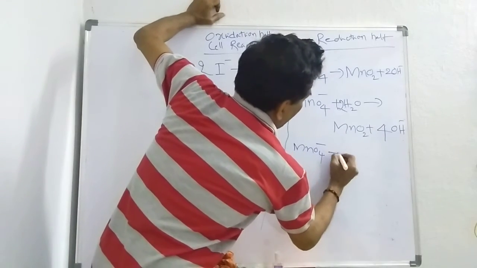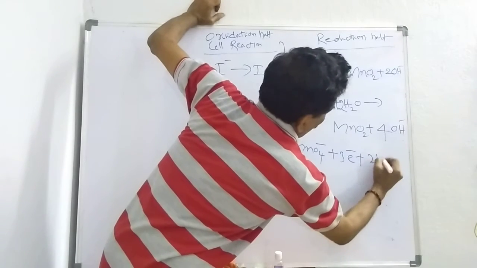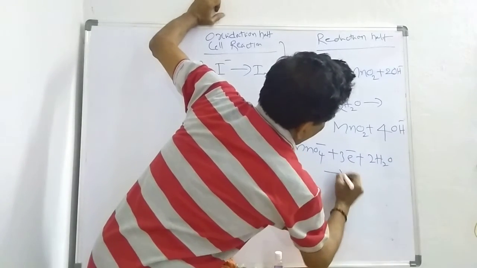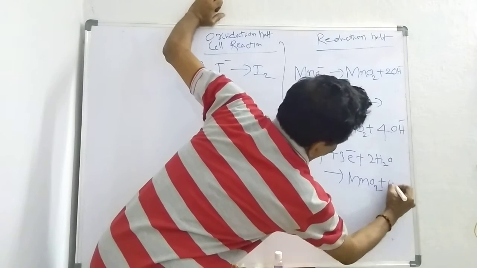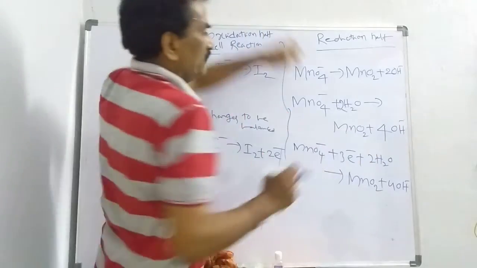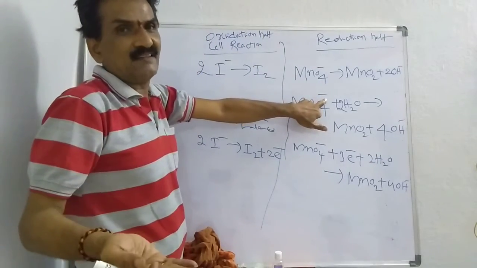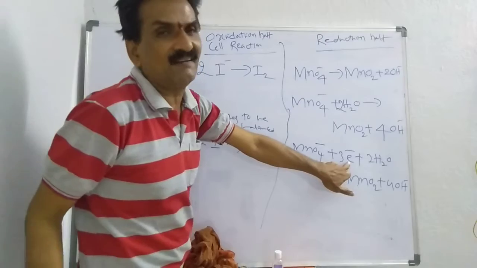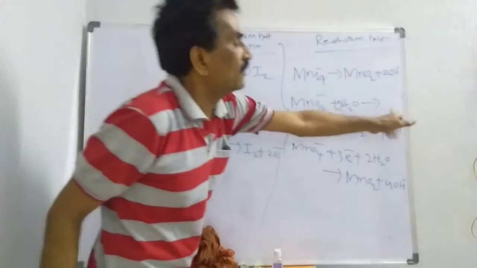MnO4 minus plus 3 electrons plus 2 H2O gives rise to MnO2 plus 4 OH minus. You see, 4 negative charges, here only 1 negative charge. So for which, to balance the charges, I have added 3 electrons here. So total 4, that also 4.